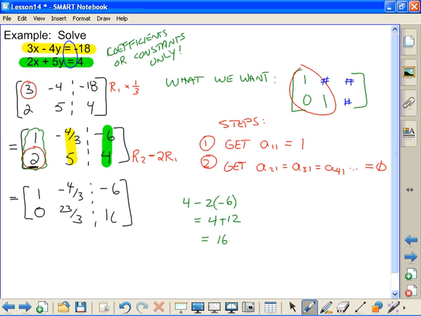So we have 16. And then your next step, I guess, step 3, is to get A22 equal to 1. So in our case here, we need to get this to equal 1, and that's easy because you just take row 2 and multiply by the reciprocal when it's a fraction, 3 over 23.